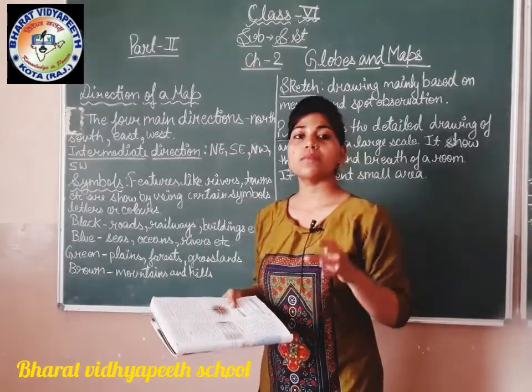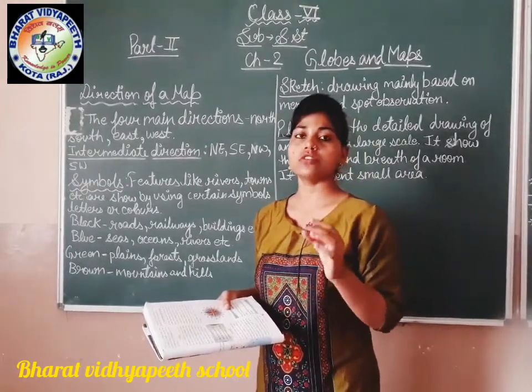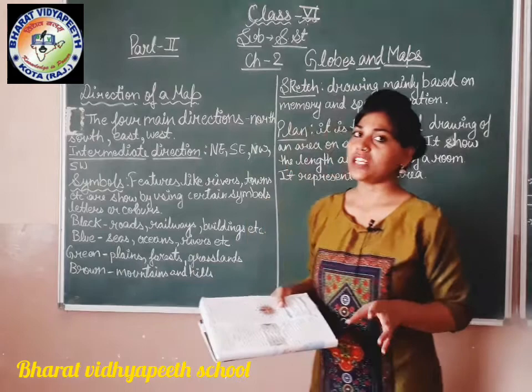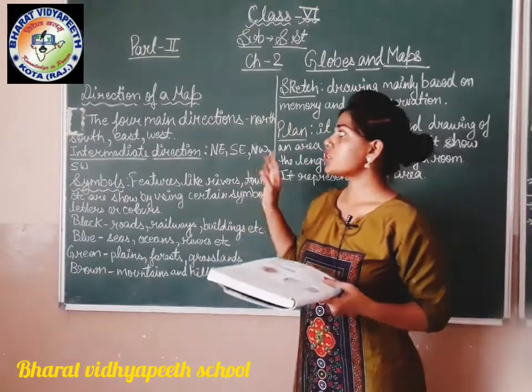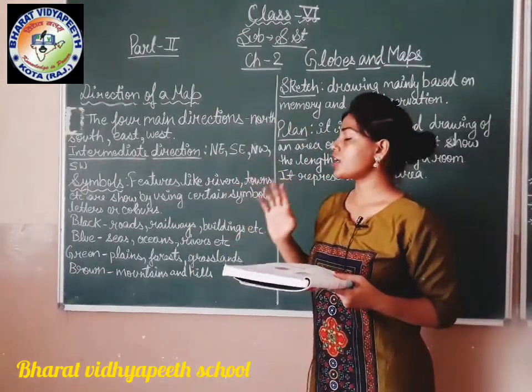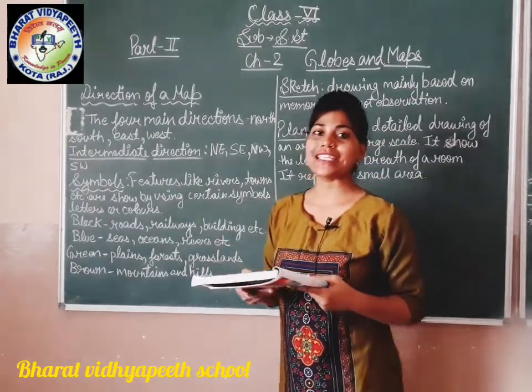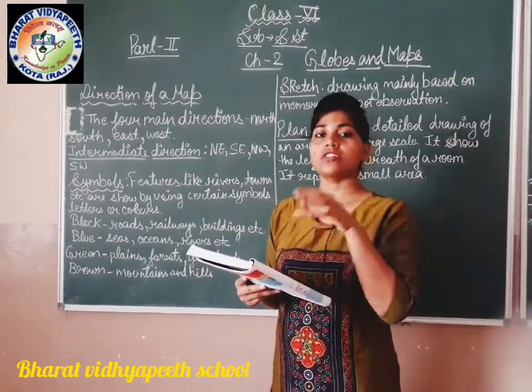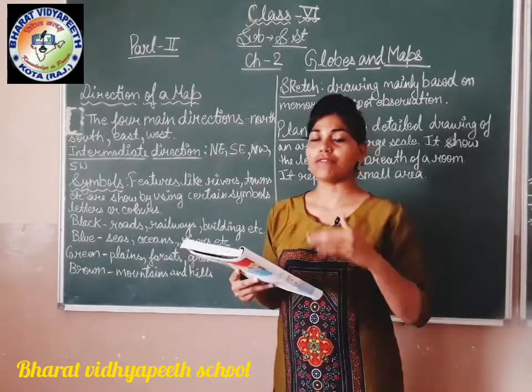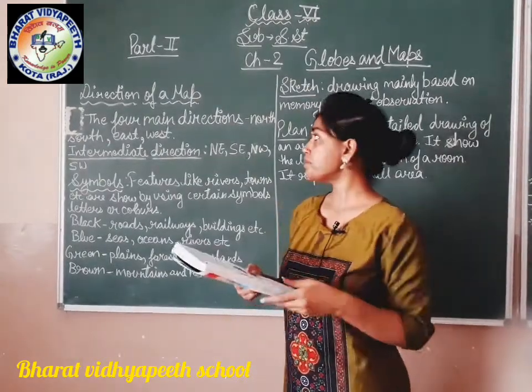As we all know, there are mainly four types of direction: north, south, east and west. Like that, in a map also there are some directions. These four directions are also shown in a map so that people can easily find out which direction is north, which is south, and where places are located.